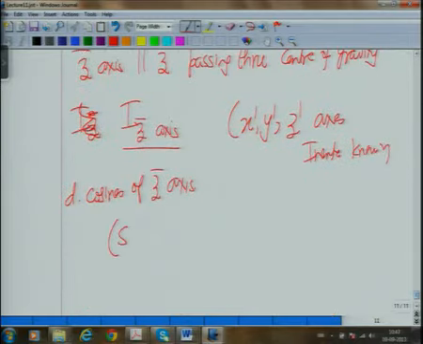So the direction cosines are: with the x axis it makes cos theta, with y prime it makes cosine of 90 minus theta, so it will be sin theta.